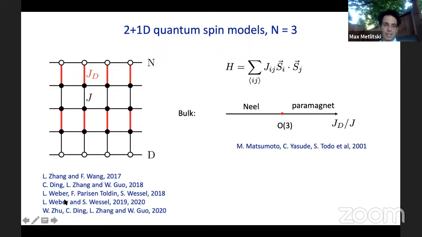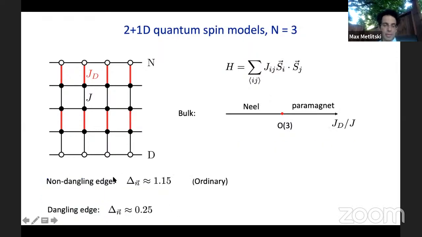Rather, I should really say Stefan Wessel and his collaborators find very different physics. For the non-dangling edge, they see a boundary spin scaling dimension which is quite close to one seen in the classical O3 model at the ordinary fixed point. However, at the dangling edge, a very different scaling dimension of the spin is seen, one which is much smaller, something like 1/4. So what's going on?